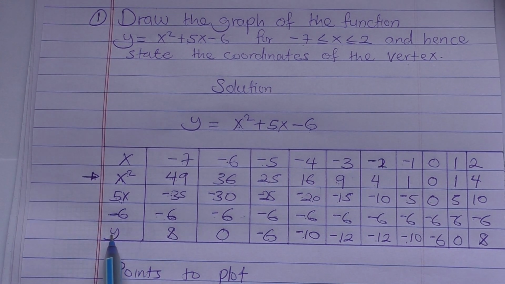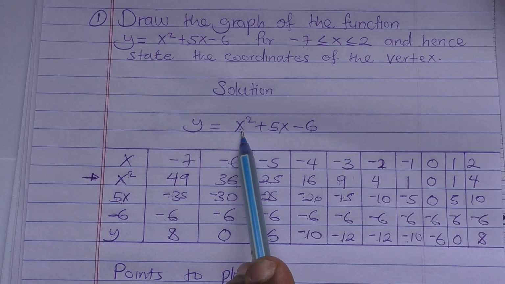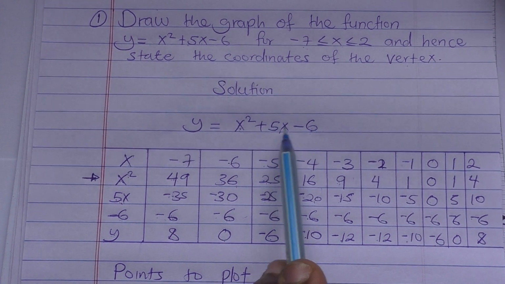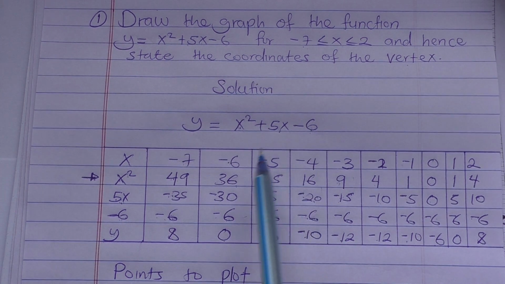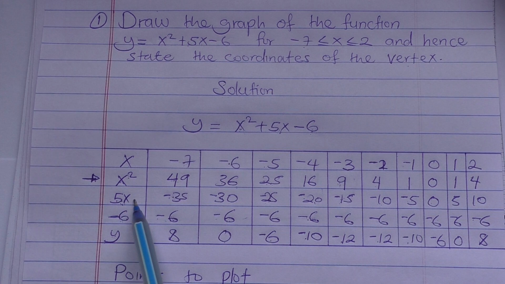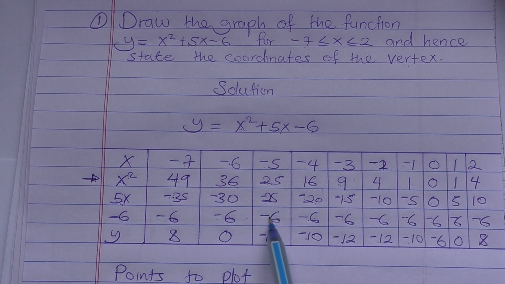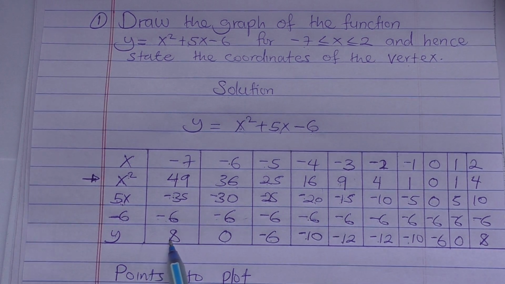How do we get the values of y? We follow our equation, which is x squared plus 5x minus 6. So we add the values of x squared plus the values of 5x plus negative 6 to get the values of y.